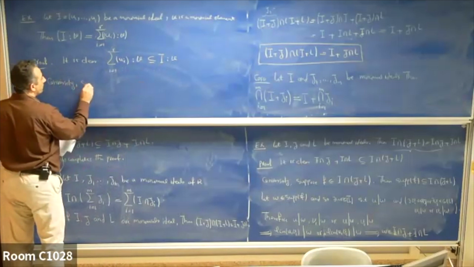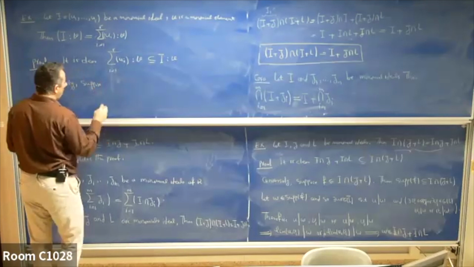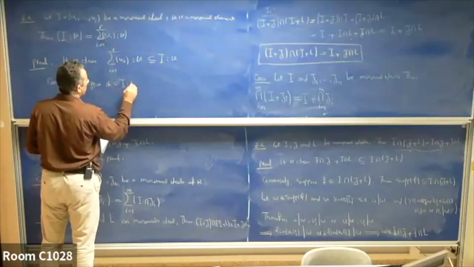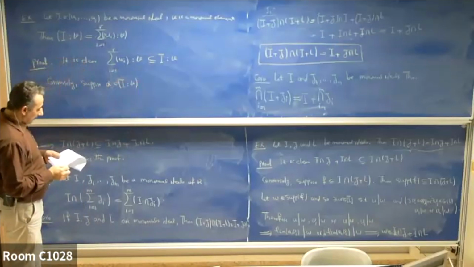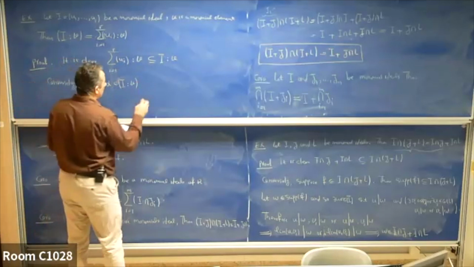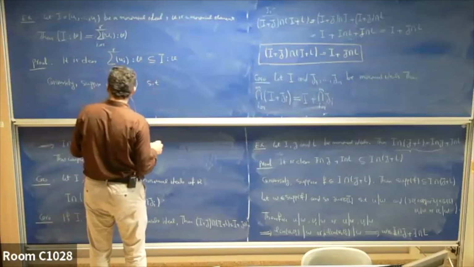So for conversely, suppose alpha is in (I : v), such that alpha is a monomial element.